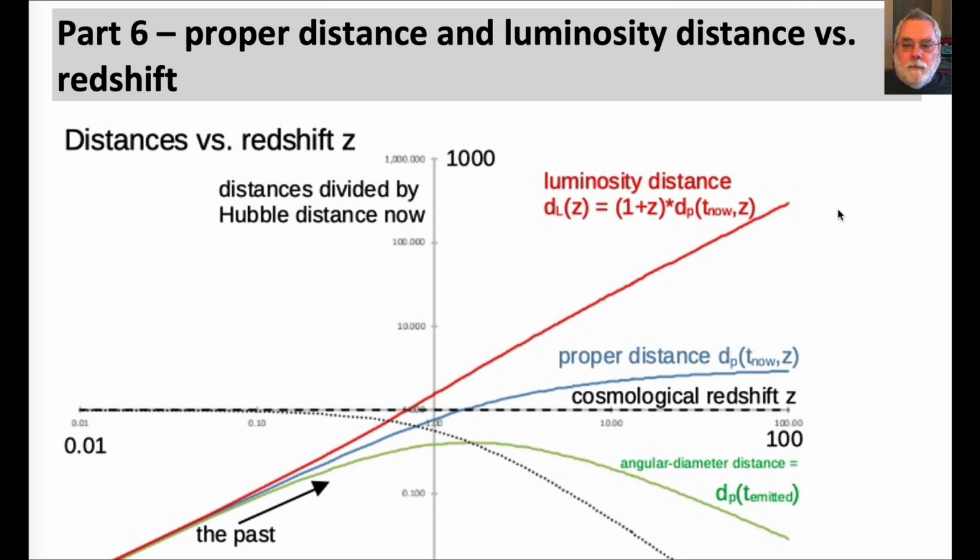Part 6. Proper distance and luminosity distance versus redshift.